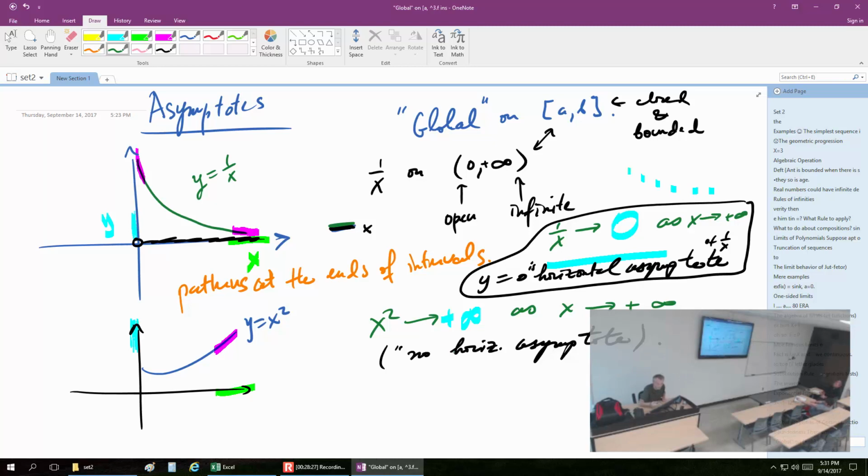So in fact, if you zoom in, this is what you're going to see. Let me just give you an example. If I have y equals 1 over x, you wouldn't think that it has to necessarily approach the x-axis. It could be any other line, for instance plus 1. If I add 1, so y equals 1 over x plus 1, then my asymptote is y equals 1 rather than y equals 0, but the idea is still the same.